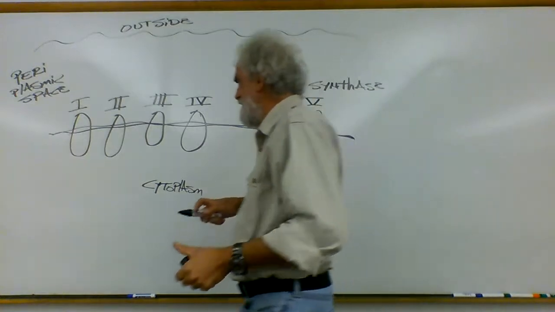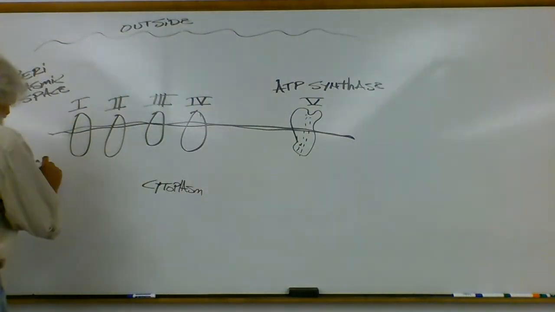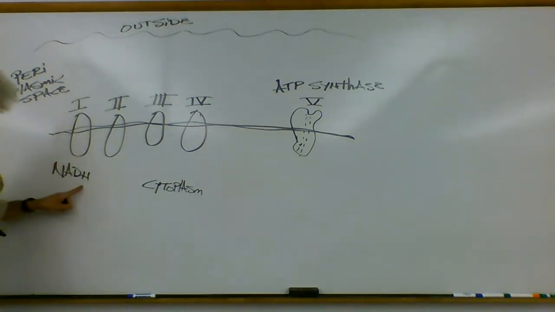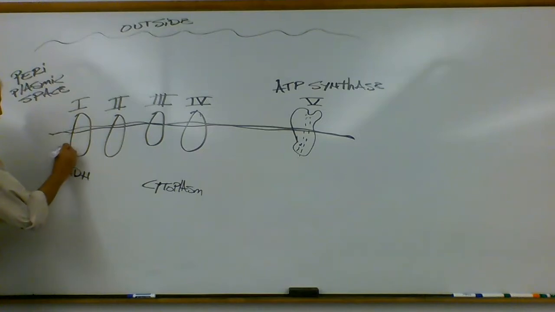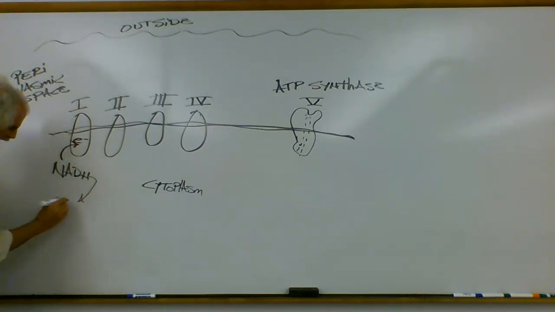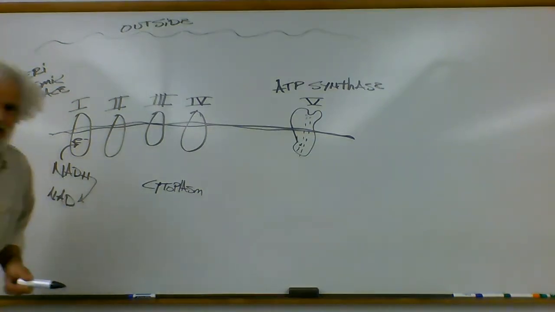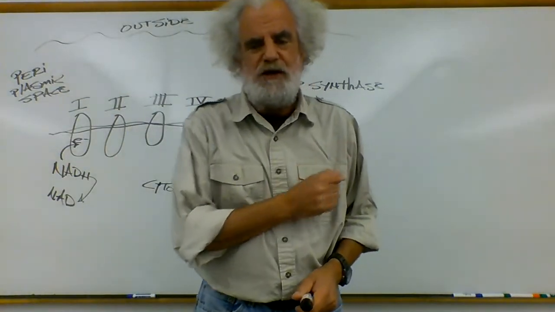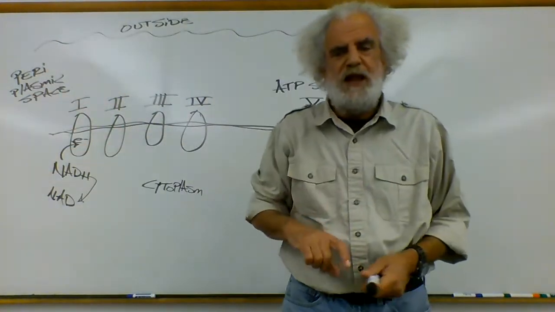And the first thing that happens is NADH backs up here like a dump truck, dumps its electron onto complex 1. And it is recycled back to NAD. And it's given a little pat on the behind and told to go back out there and pick me up another electron. And it runs on its way.